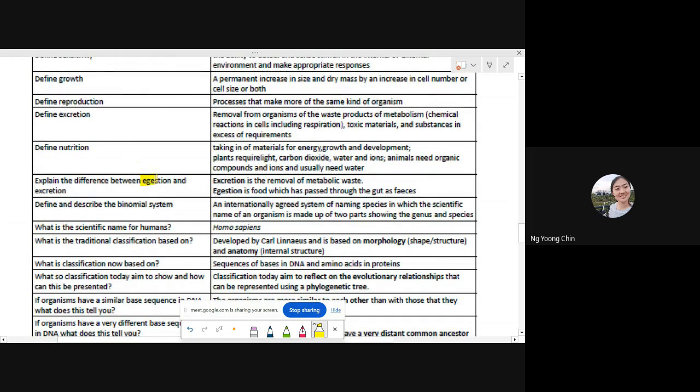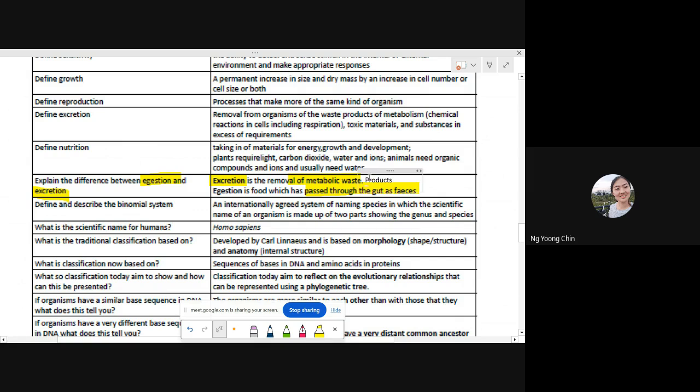You can see this one: difference between egestion and excretion. Egestion is the food that has passed through the gut as feces. Excretion is the removal of metabolic waste. You know the difference between excretion and egestion? Excretion means removal of the waste product, metabolic waste product.